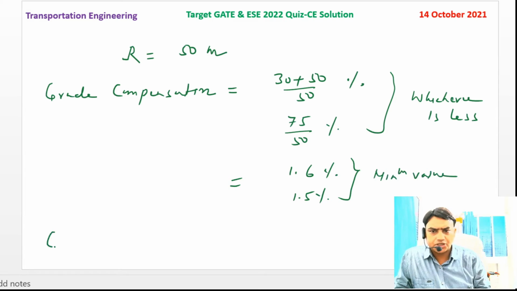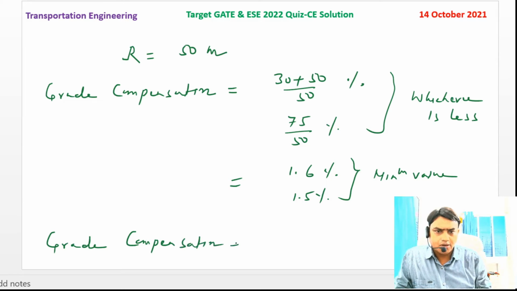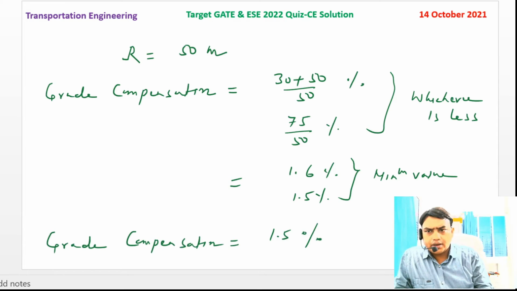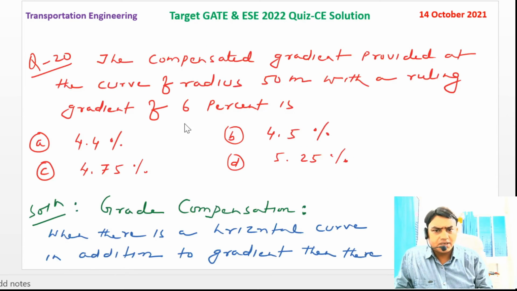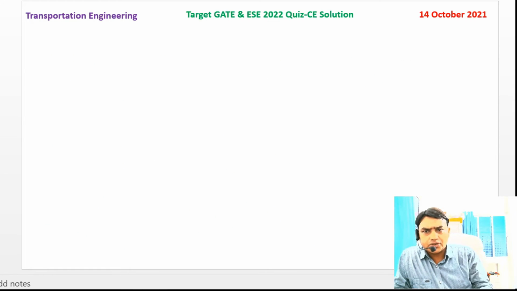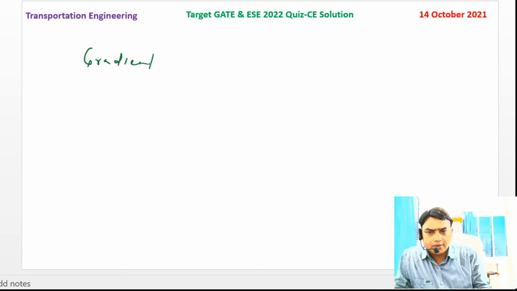So grade compensation is 1.5%, and the ruling gradient is 6%, so it is greater than 4%. Here the gradient is given, gradient is equal to 6%.